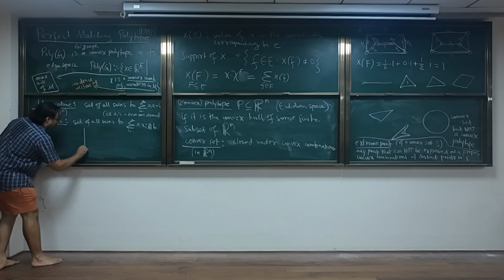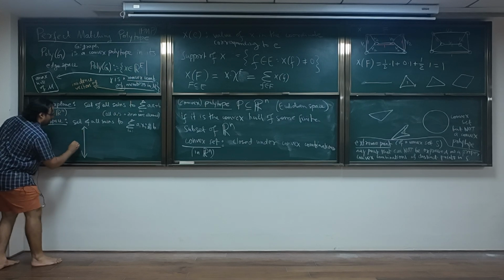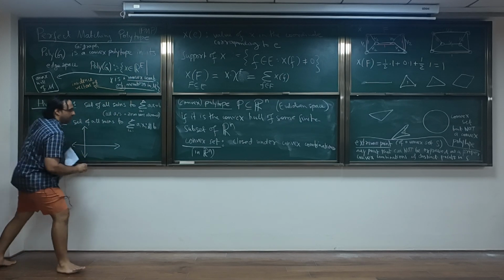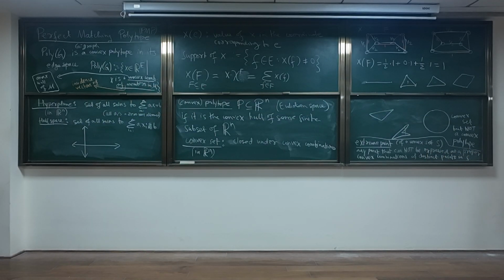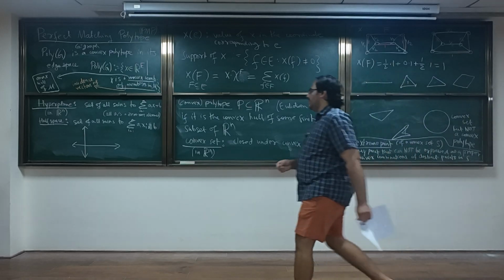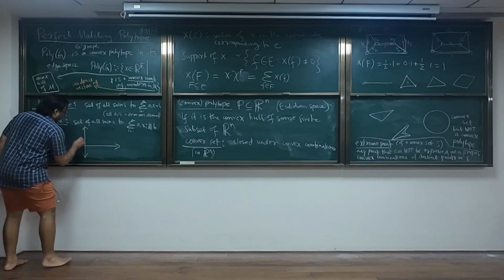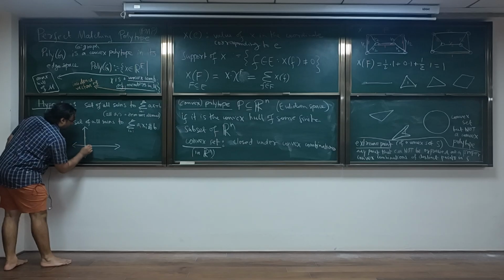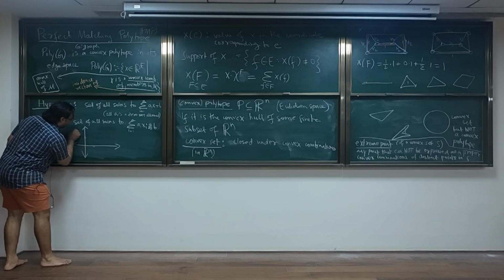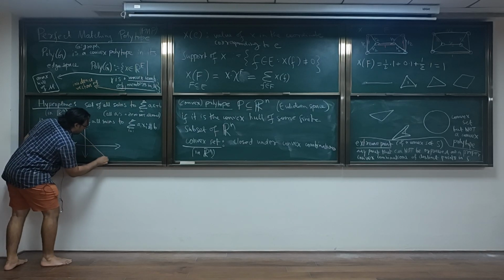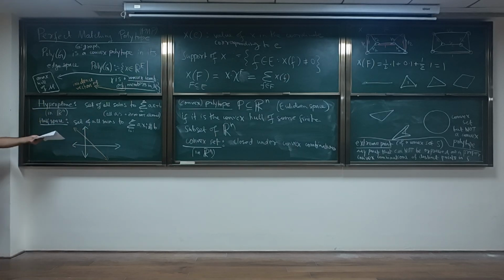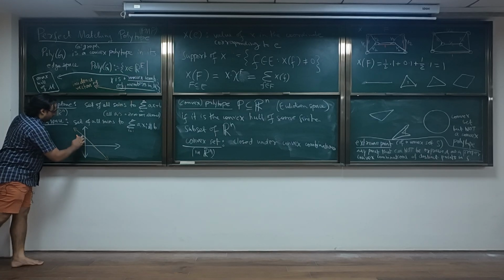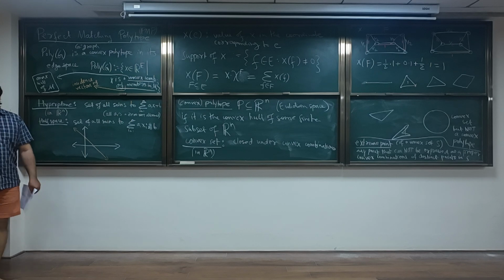Let's just draw. Supposing this is my R2, and let's say I consider this line. This corresponds to some linear equation. You can figure out this is (0,1) and this is (1,0), so you can figure out the equation.